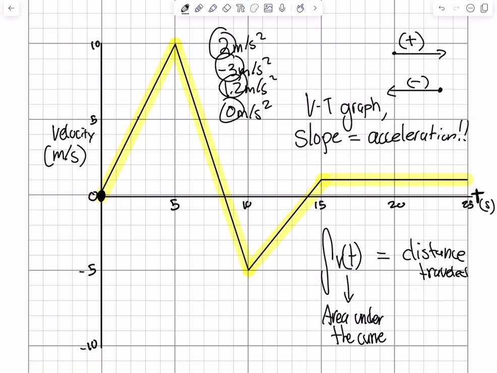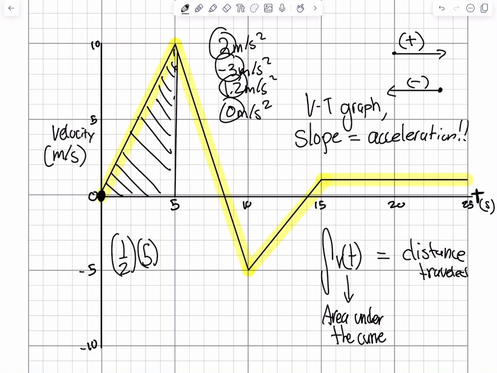So, let's take this first section of 0 to 5 seconds. I'll shade in this area right here. Now, if we take the area of that, which you should know how to do for a triangle, 1/2 base times height, so 1/2, 5 seconds, times 10 meters per second. That's area, 1/2 base times height.